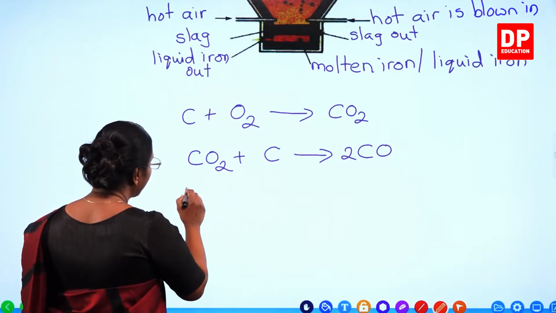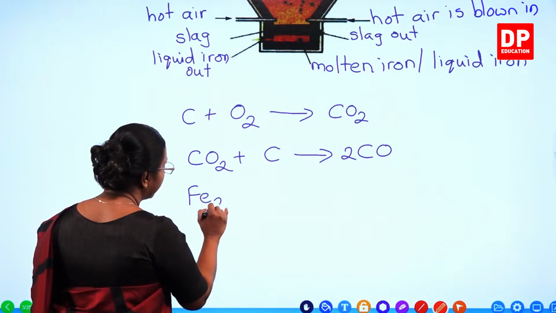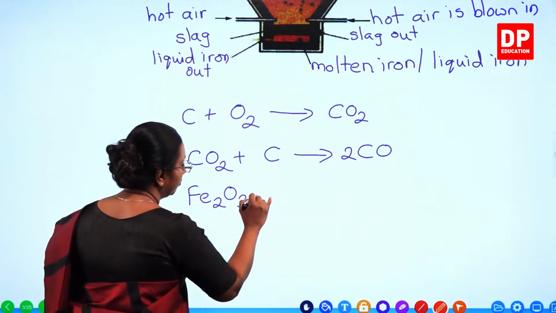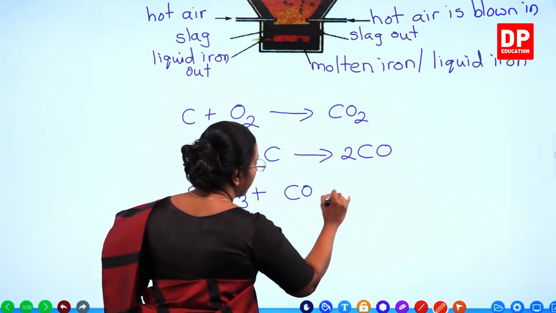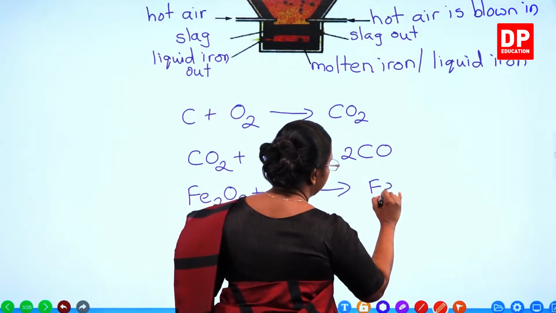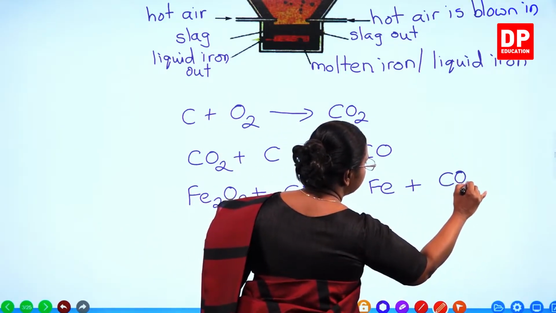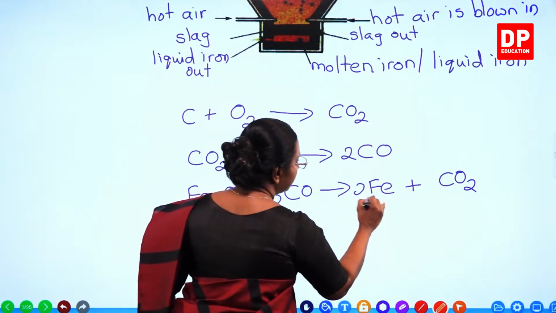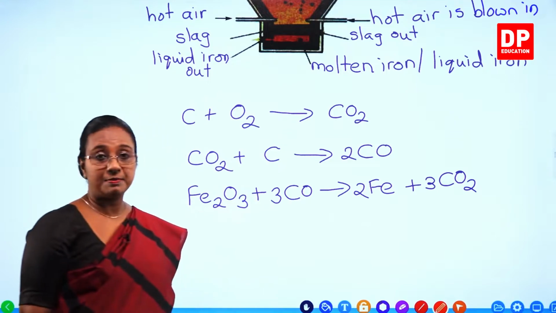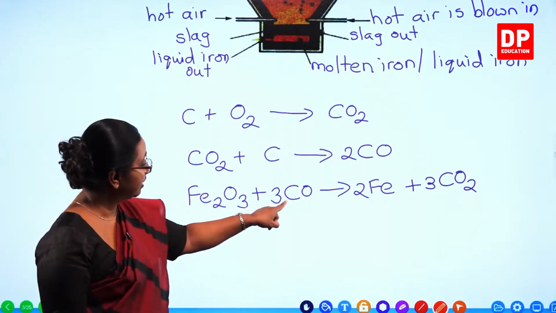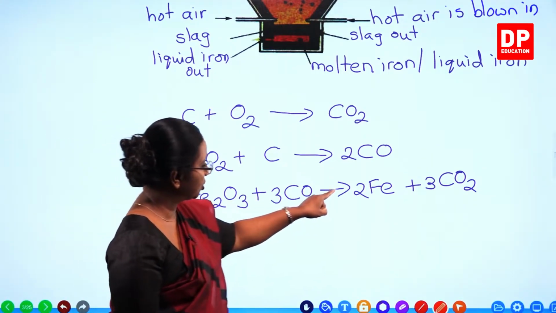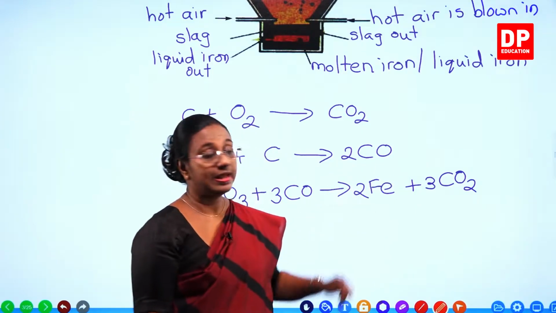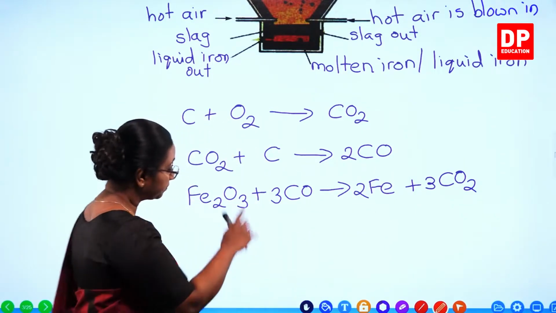Then this carbon monoxide reacts with the iron ore hematite, Fe2O3, with carbon monoxide giving rise to Fe and carbon dioxide. We have already balanced this reaction: 3, 2 and 3. You can remember that. So, 1 hematite with 3 carbon monoxide gives rise to 2 iron as well as 3 CO2.